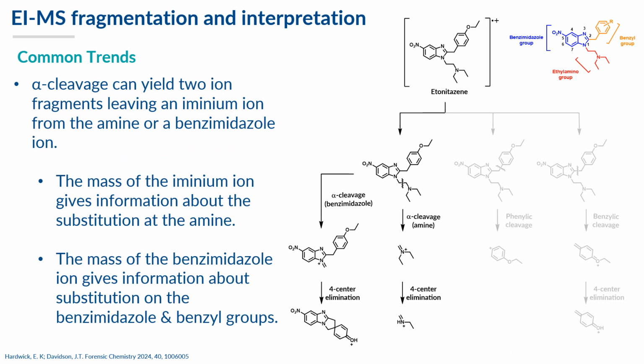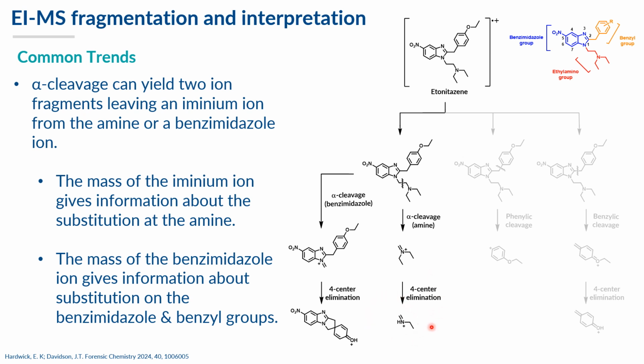We'll begin with the most common fragmentation portion seen in spectra, the alpha cleavage of the amine. Now, this is the pathway that's most responsible for that base peak. The base peak is this iminium ion of the substituted amine, and then 4-center elimination removes one of those substituents to form this secondary iminium ion.